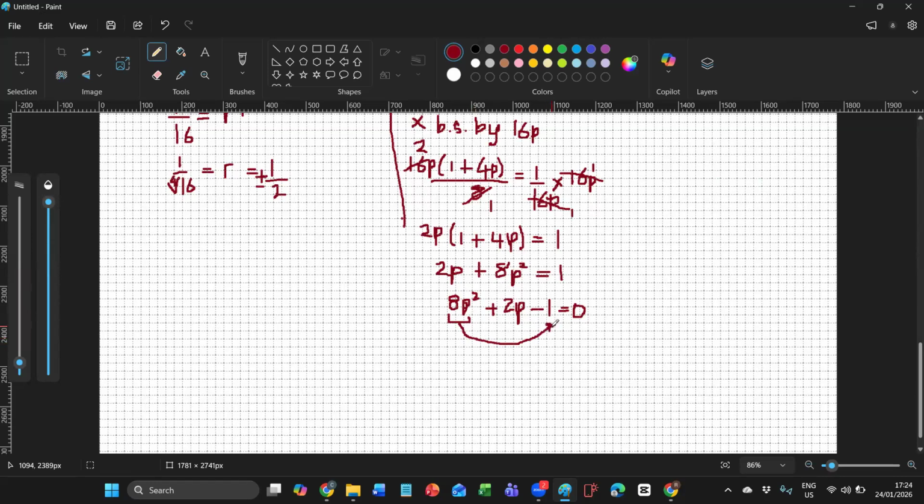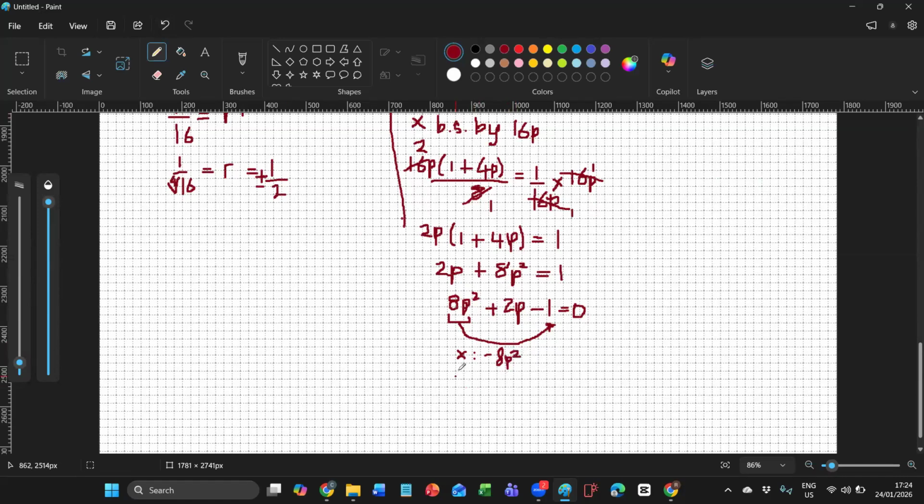So the question we're going to be asking ourselves is, what are two numbers whose product is minus 8p squared, and their sum is plus 2p?